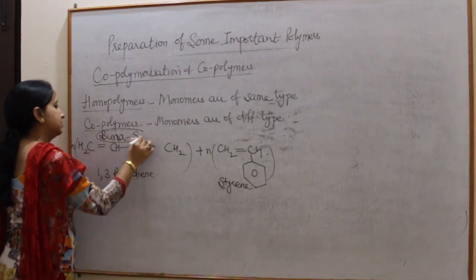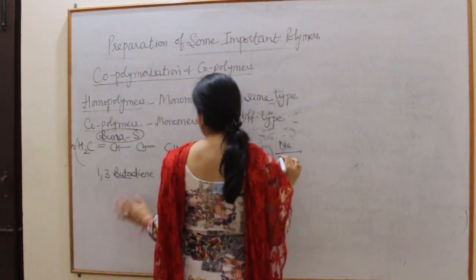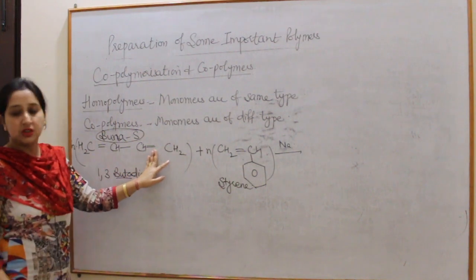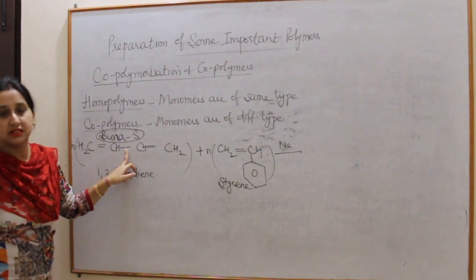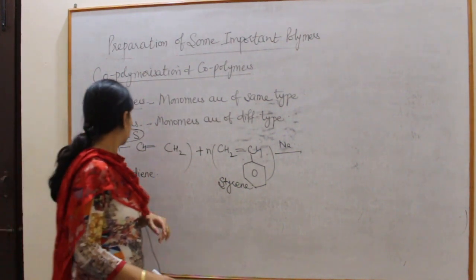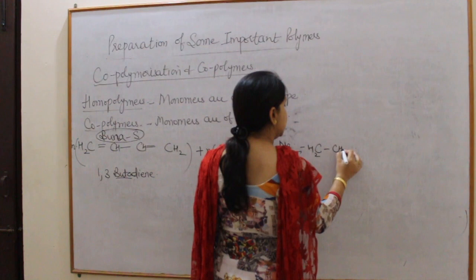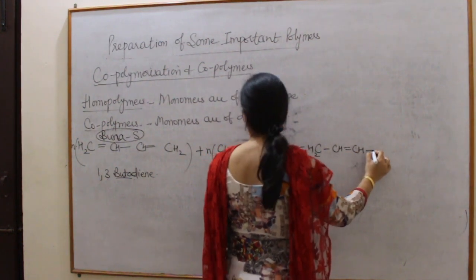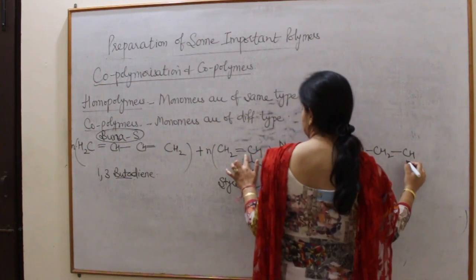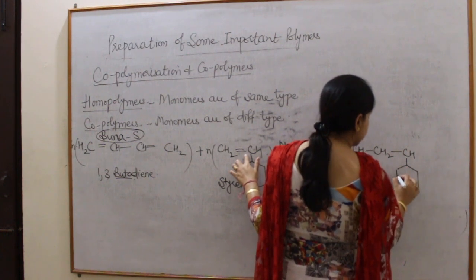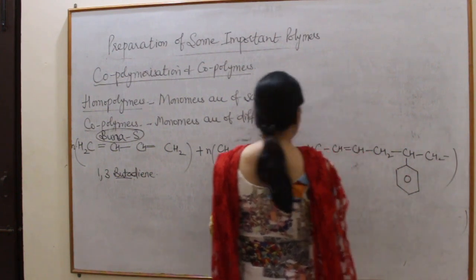Buna S in the presence of sodium. So how will we draw the structure of Buna S? Where the double bond is, we have to show a single bond, and where it is single we have to show a double bond. So we will draw CH2 single bond CH, double bond CH, single bond CH2 single bond CH, and this CH like this, and CH2 single bond.